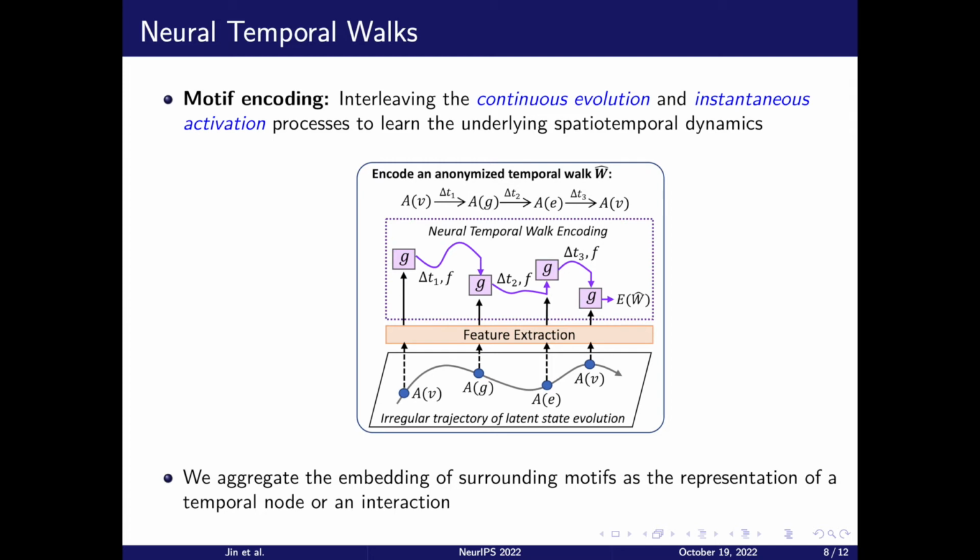The first process learns the underlying spatiotemporal dynamics with an ordinary differential equation, and the second process activates the latent trajectories with discrete observations. Finally, we aggregate the embedding of surrounding motifs as the representation of a temporal node or an interaction.